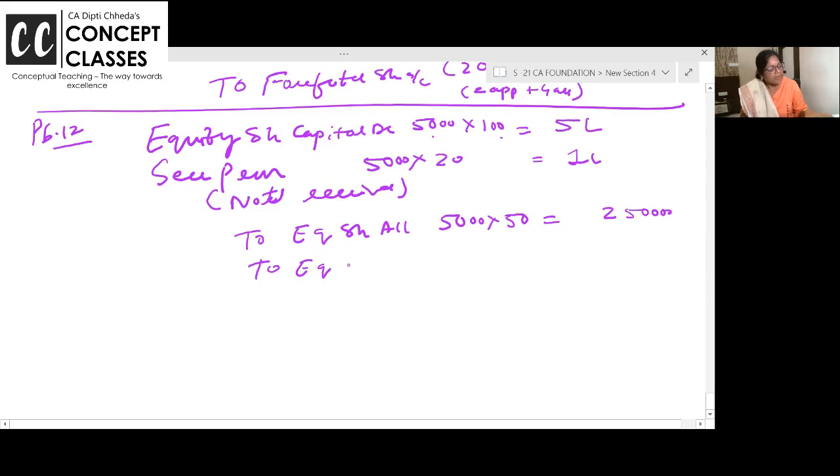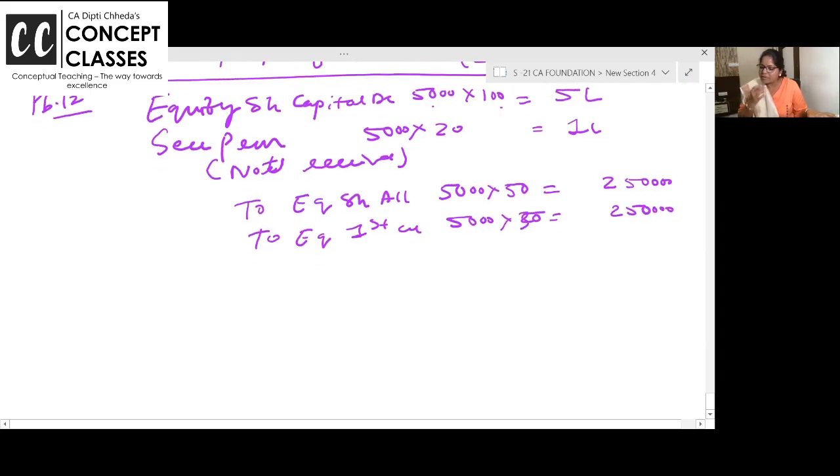Equity share first call. Due हो गया, मिला नहीं. 5,000 into 20. Due but not received. Reverse it. 5,000 into 50. 2,50,000.